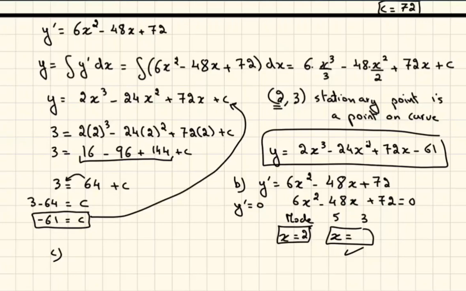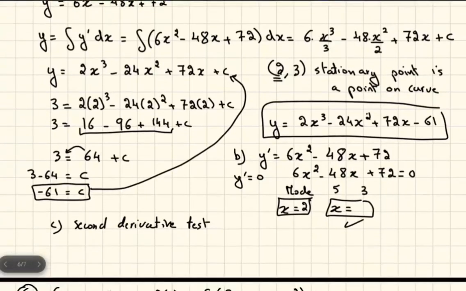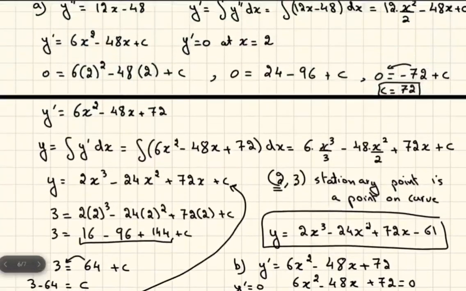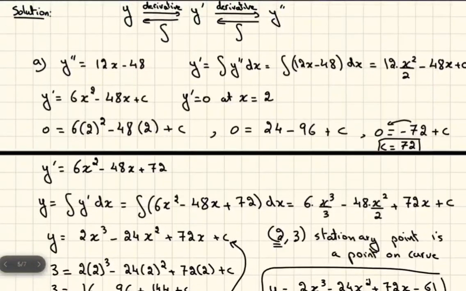Part C, they're telling you check the stationary points. So use the second derivative test here because it's easier. How do you use the second derivative test? You take the x equals 2 the first time, you replace it in y double prime that is already given to us, 12x minus 48.